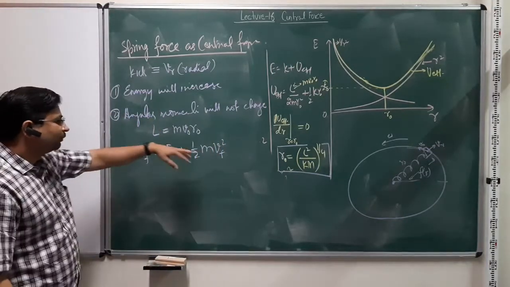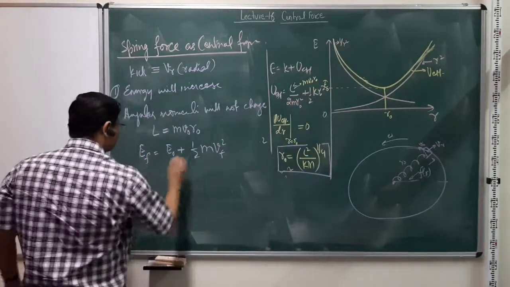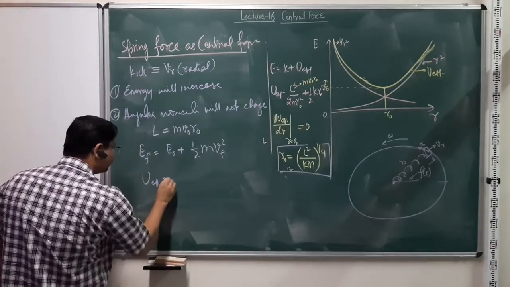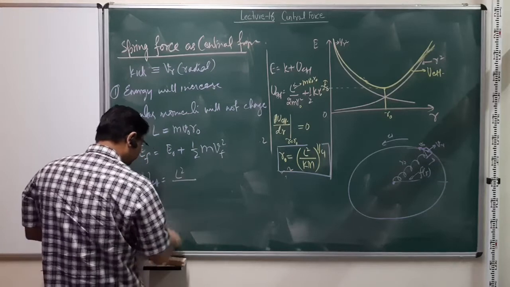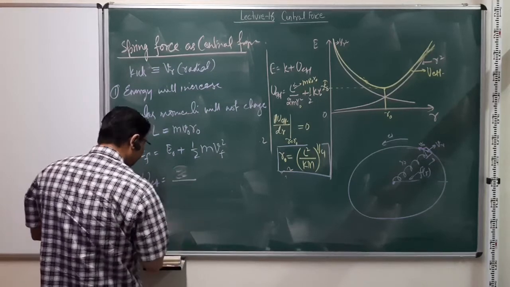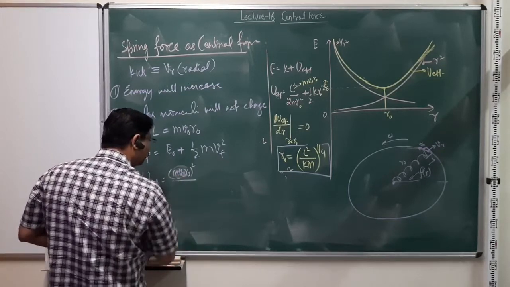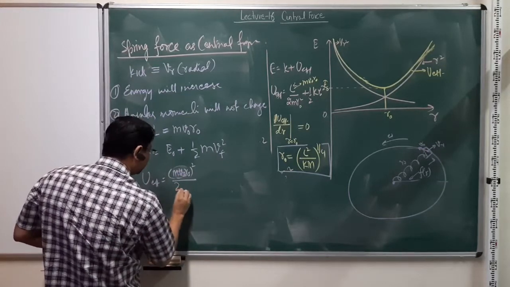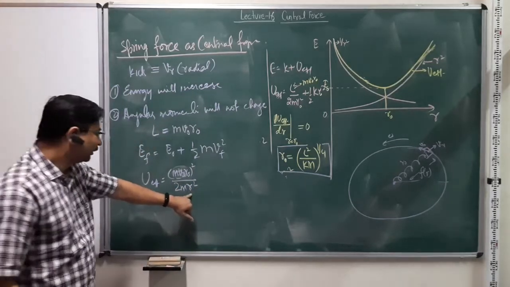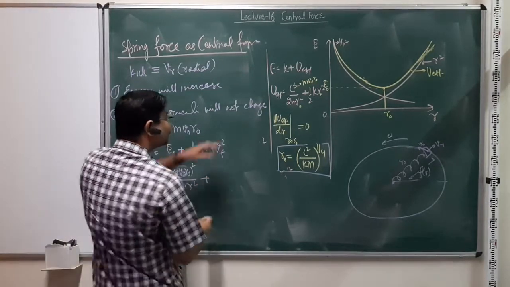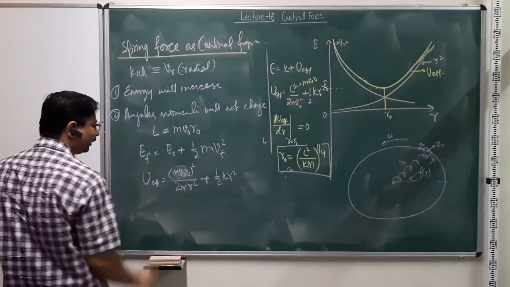And now in the effective potential, again this is the case, U effective is again L square over, or instead of L square I'll write m v naught r naught whole square, over 2m r square, the new radius parameter, plus half k r square, again the new radius parameter, right?